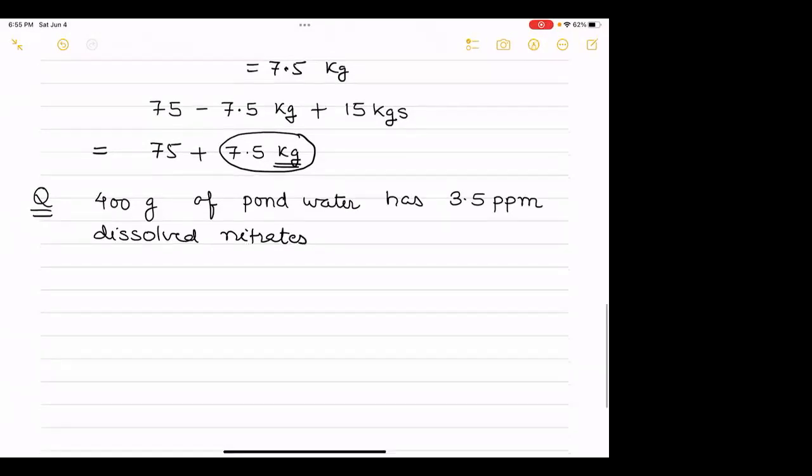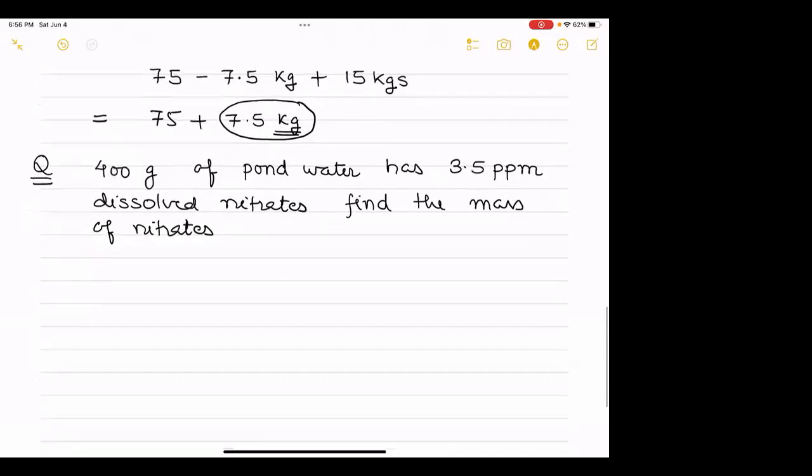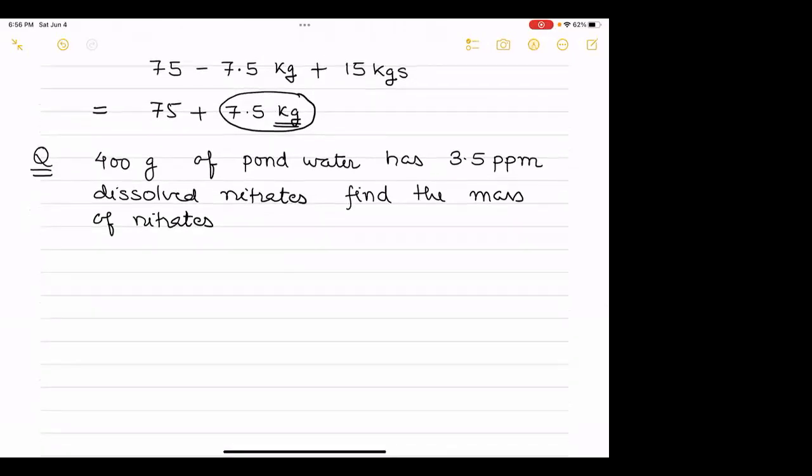Nitrates which are dissolved are this much. So find the actual mass of nitrates. Clear? I hope the question is clear and it is quite easy, but still it may go wrong just because of the units.